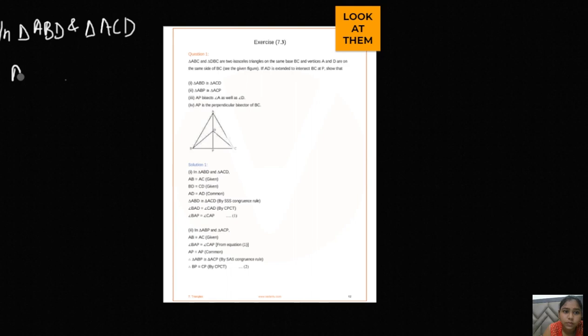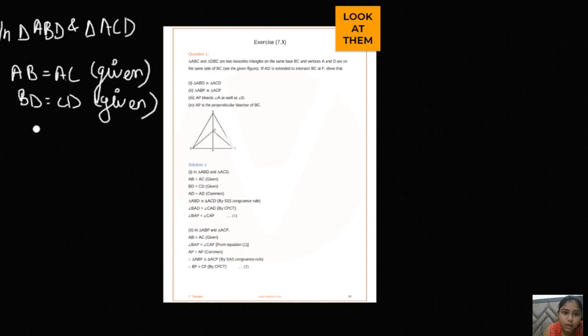AB is equal to AC, given, since both are isosceles triangles. Then BD is equal to CD, this is also given. AD equals AD, that's common. Triangle ABD is congruent to triangle ACD, right? This is the first part.